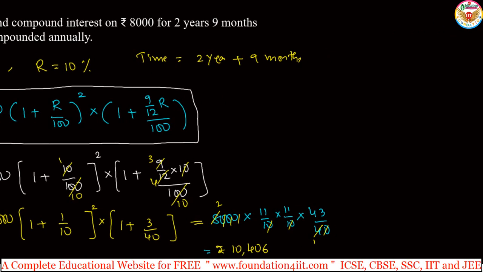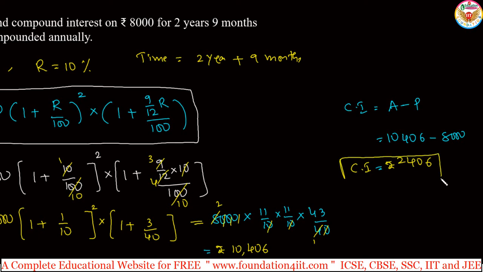After getting the amount, we calculate the compound interest. Compound interest is equal to amount minus principal. The amount we got is 10,406, minus the principal, 8,000 given in the question, which is 2,406. That is the compound interest.